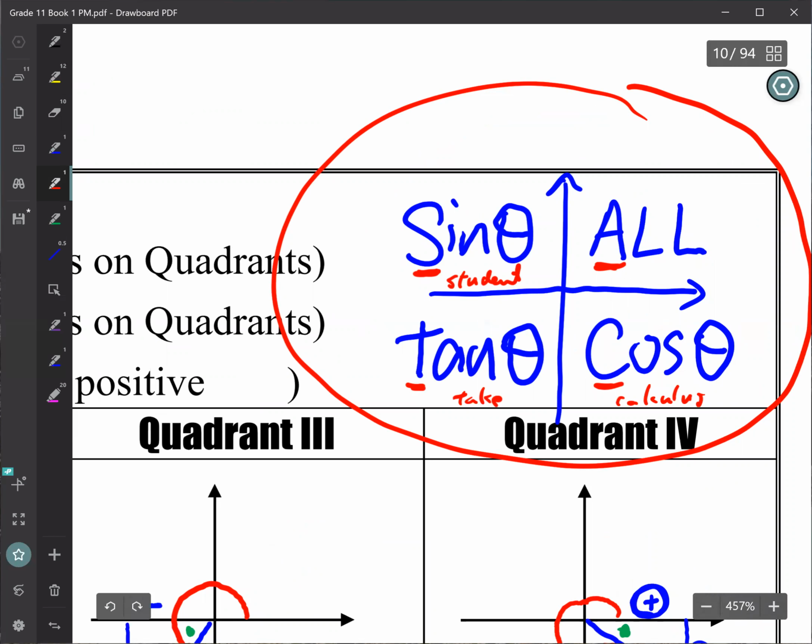That's one of them. And one of my past students also made up another interesting one. He said, All Smurfs Tickle Cats. The Smurf in the cartoon, right? So whatever way you can memorize this chart, okay?